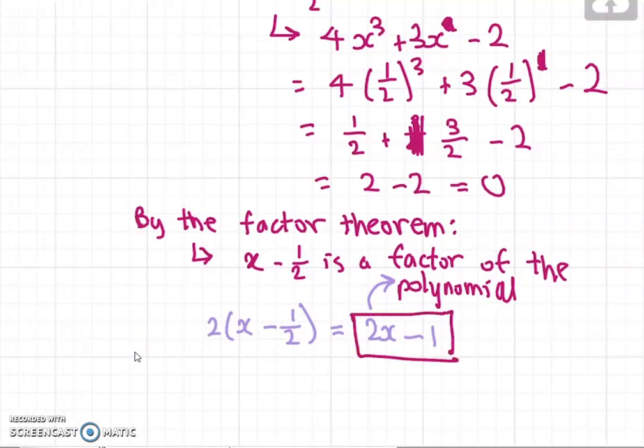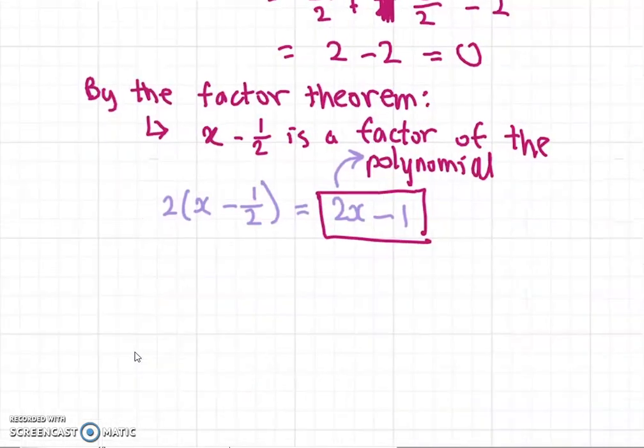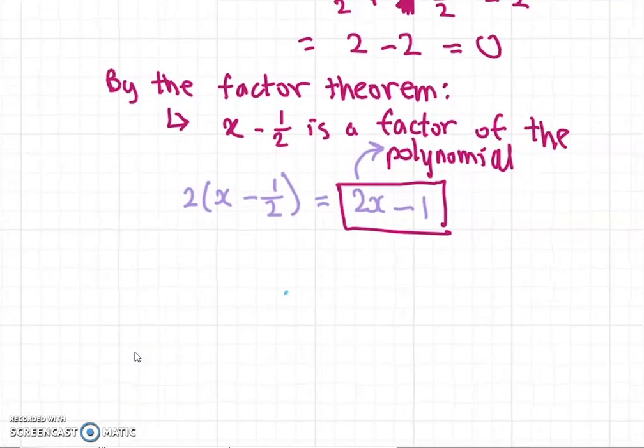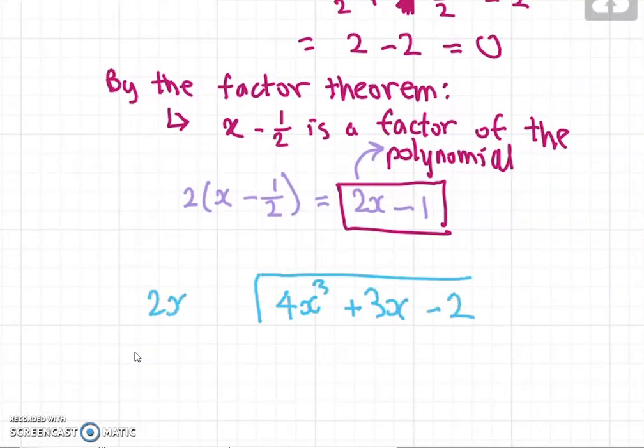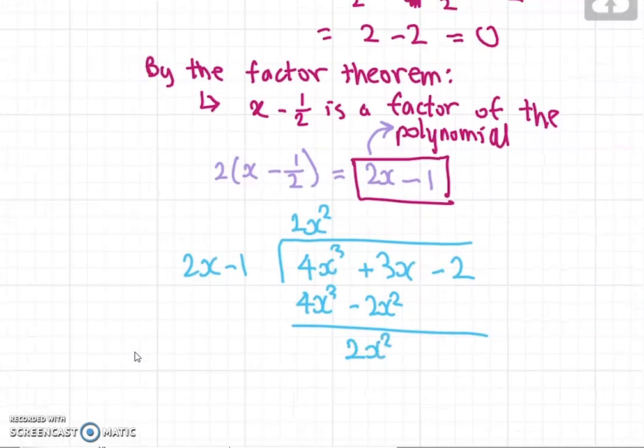Now we can try to find the other factor of the original polynomial 4x cubed plus 3x minus 2 by doing polynomial long division. So we have our original polynomial and we long divide by 2x minus 1. We'll have a 2x squared here, so there's a 4x cubed here, and there's a minus 2x squared. What's left over is 2x squared plus 3x minus 2.